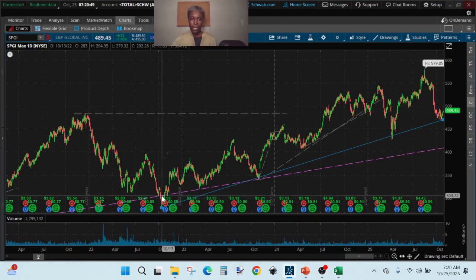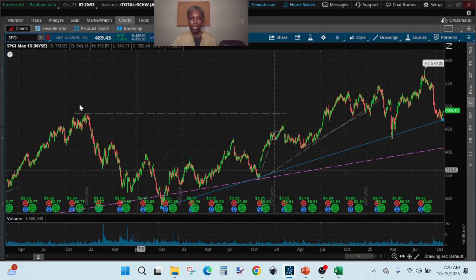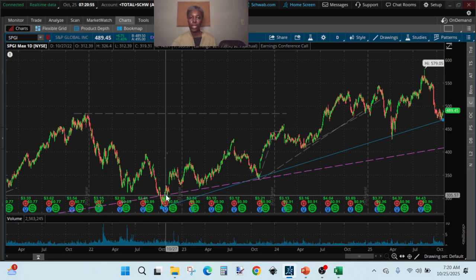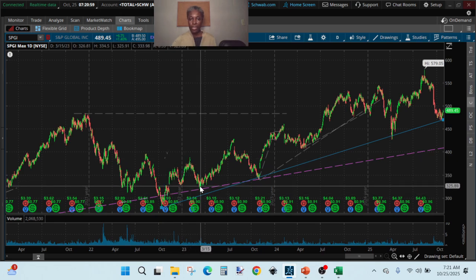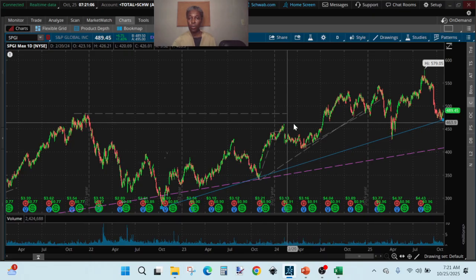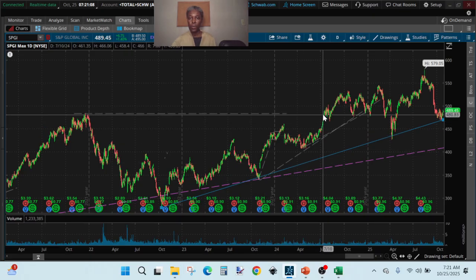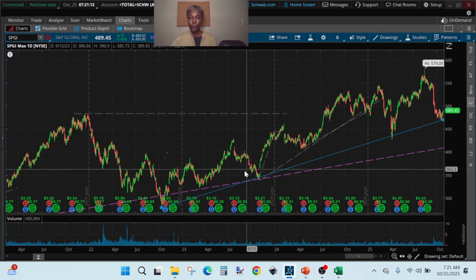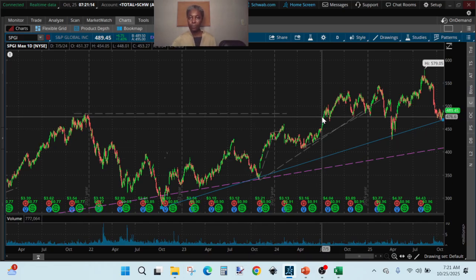When it started, the circle ended here, this circle ended here, and a new one began, and it came back to the support line twice before it reached the highest, the new circle's highest peak that exceeded the previous one.